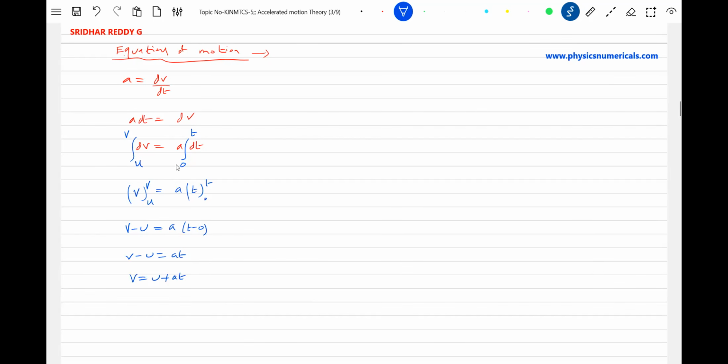Okay, I think rather than integrating every time, there's one generalized formula. The first formula gives us the relationship between initial velocity and acceleration. Here a means uniform accelerated motion, instantaneous acceleration. What is t? t is the time at which the velocity of the particle is v. v is the velocity of the particle at time t. u is initial velocity.